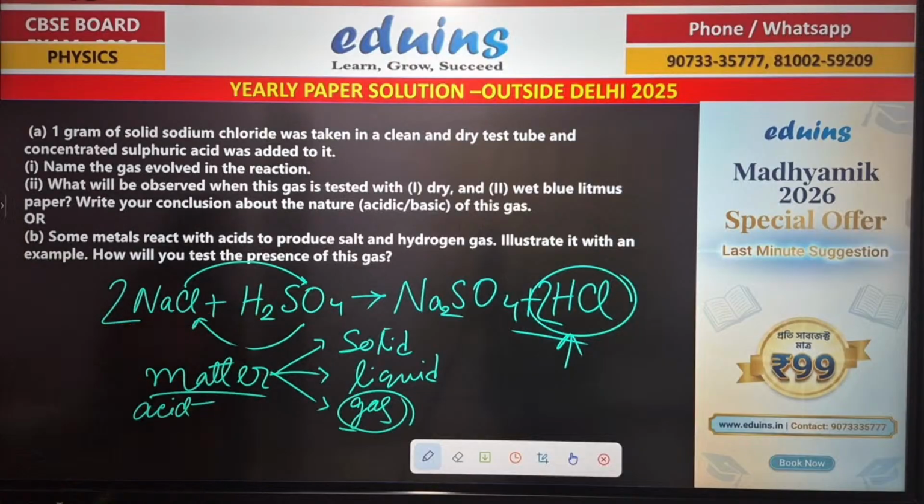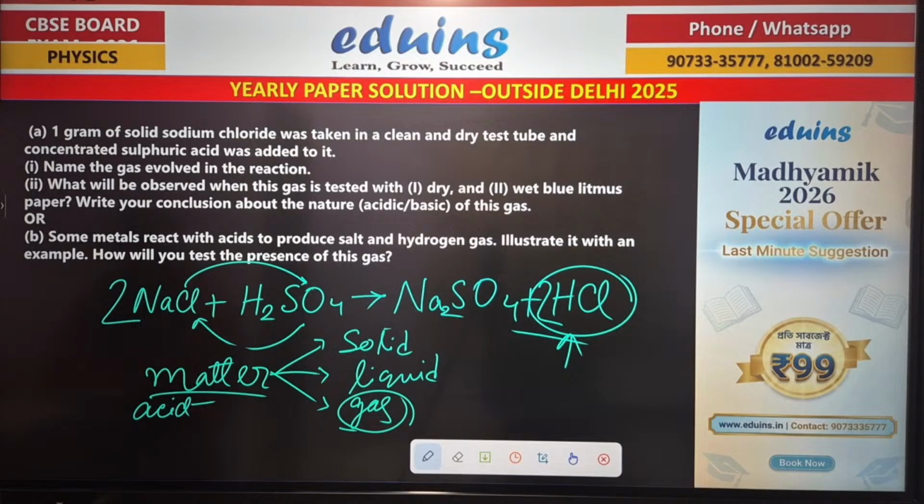So HCl gas will be produced. Yes, there are 5 states, but for your class you have to know about the 3 states: solid, liquid, gas, not plasma, colloid and Bose-Einstein.